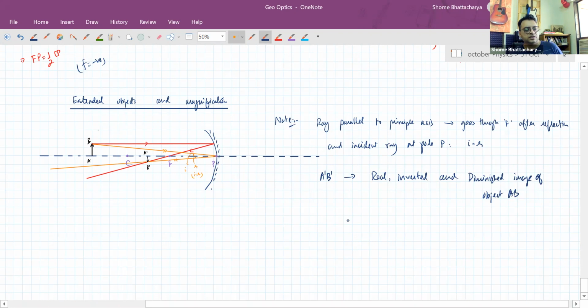So now we can also see that triangle ABP and triangle A prime B prime P are similar right angle triangles, because i is equal to r.